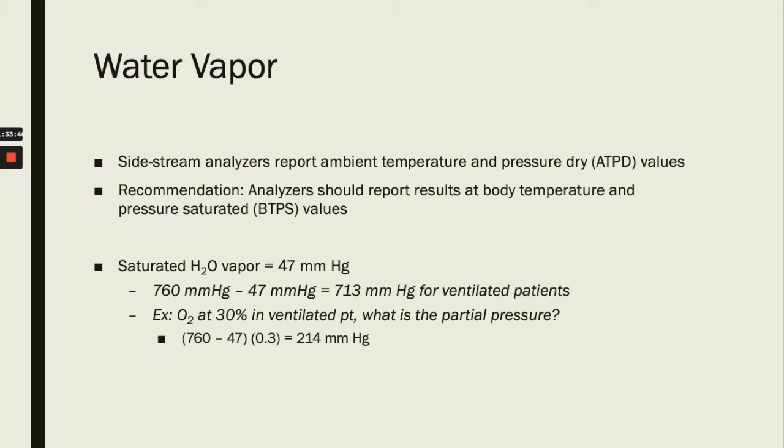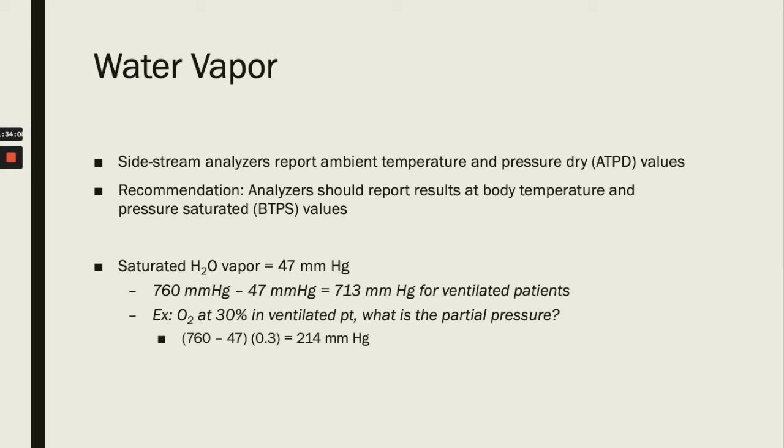We have added water vapor as we breathe in gas. The take-home point is that in our ventilated patients, instead of starting at 760 millimeters of mercury, we need to take away that 47 millimeters of mercury.